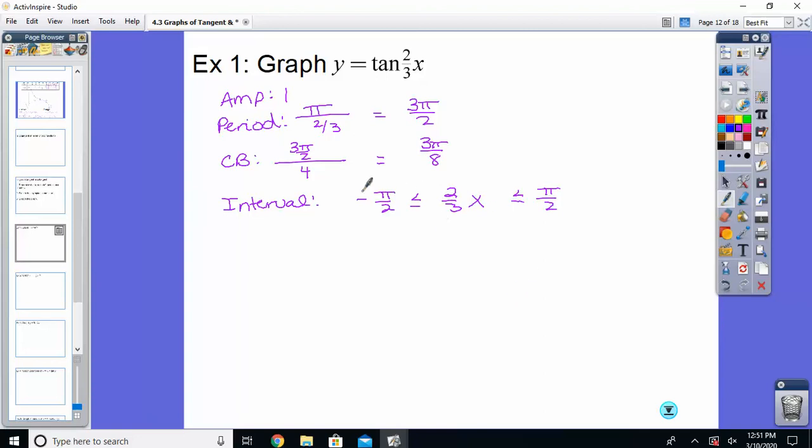So now I'm going to divide by 2/3, so you can think of it as multiplying by 3 over 2. So I get negative 3 pi, no, sorry, negative 3 pi over 4 is less than or equal to x is less than or equal to 3 pi over 4.